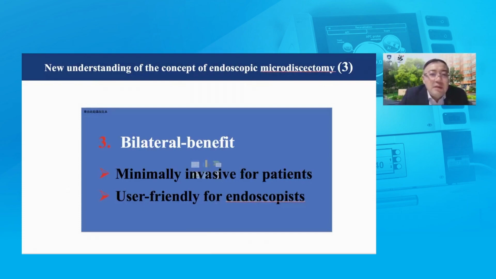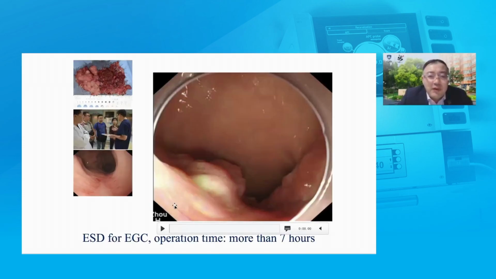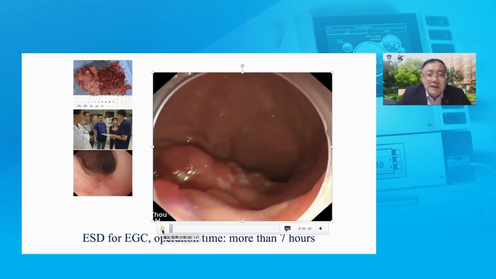The third new concept of the endoscopic microdiscectomy is, in the past, we always thought the endoscopic resection is minimally invasive for patients, but recently we realized it should be user-friendly for the endoscopists. I once performed gastric ESD for one young lady.